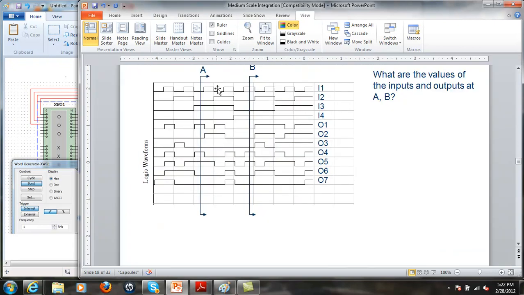So again, a lot of this analysis is based on using timing diagrams to figure out what the inputs and the outputs are. So what are the values, the inputs and outputs of A and B?